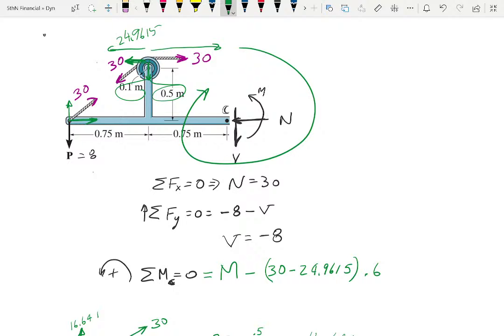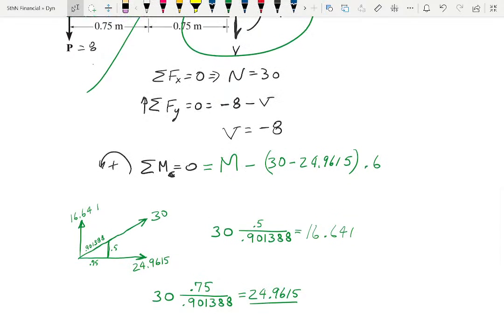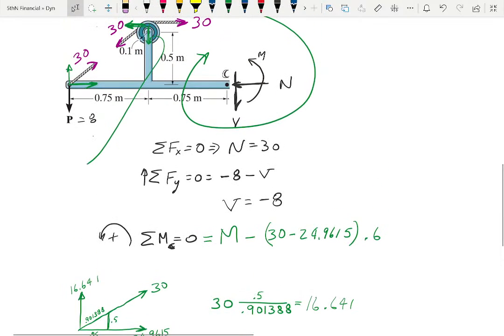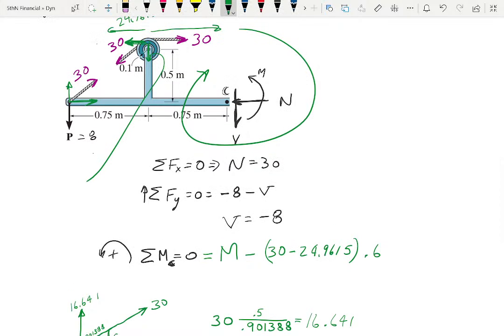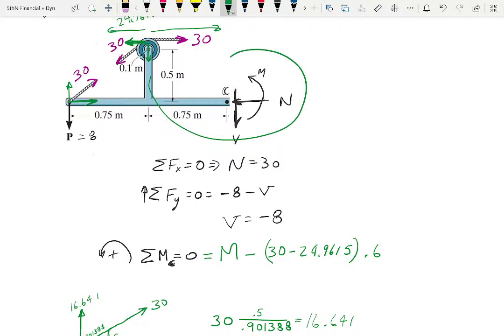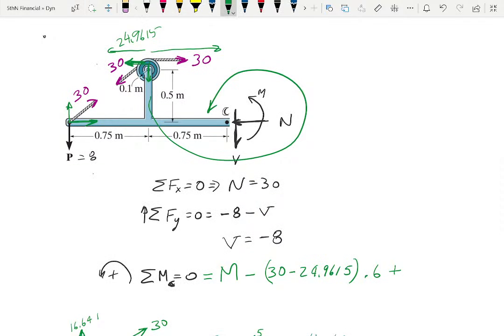Then you're going to have a moment produced by this downward force. That downward force would be the 16.641. That downward force will produce the moment this way in the positive direction, and its moment arm will be 0.75.